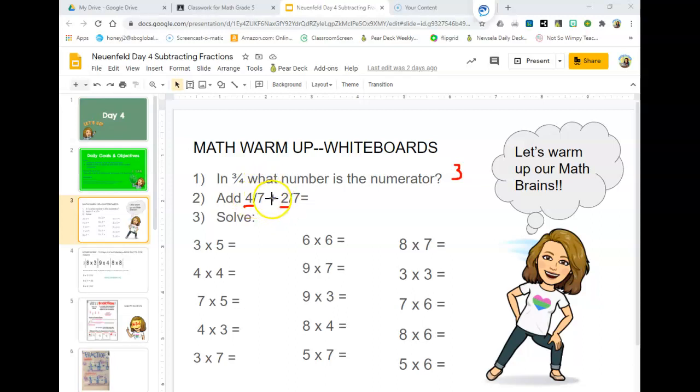So 4 plus 2 equals 6. And our denominator, which is the 7, is going to stay the same. 6/7 is our answer. Now, please pause this video, take a moment, and solve these multiplication problems.